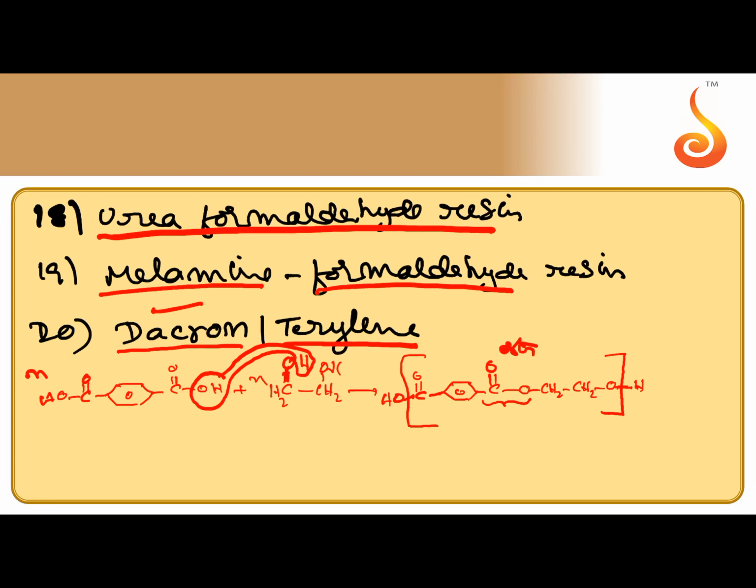Remember, after writing, just you connect two monomers through ester bond by the removal of H2O and you write the repeating unit. While you are writing repeating unit, you keep the H of alcoholic group outside and OH from COOH outside of the square bracket. That square bracket group is repeated n number of times. This is repeating unit.